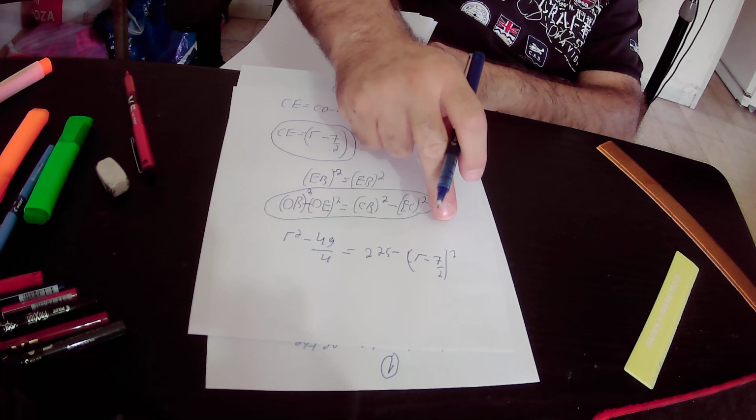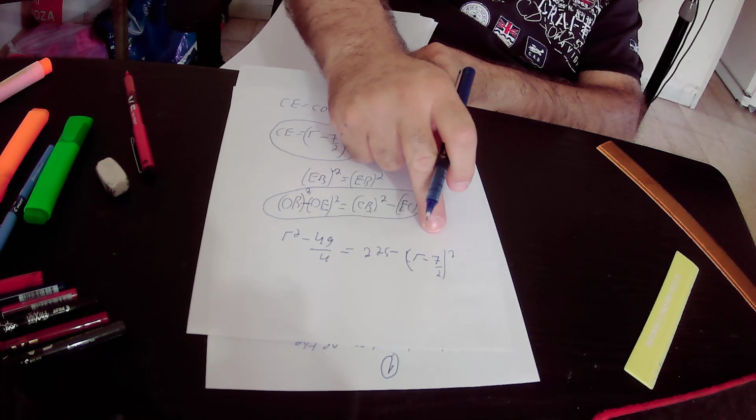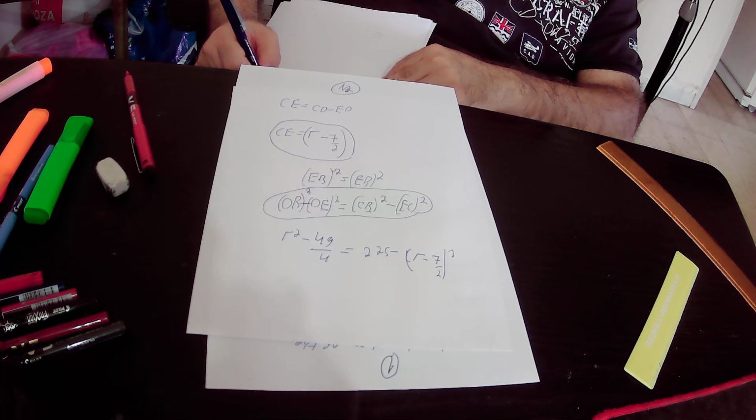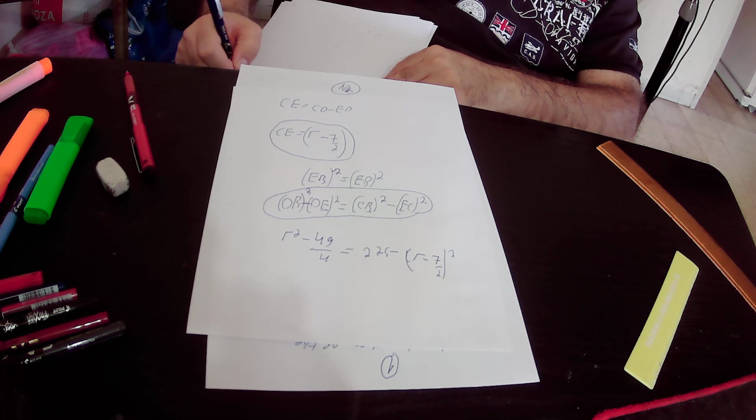Here I will open the brackets. R minus 7 over 2 squared equals R squared plus 7 over 2 squared, that is 49 over 4, minus 2 times R times 7 over 2.